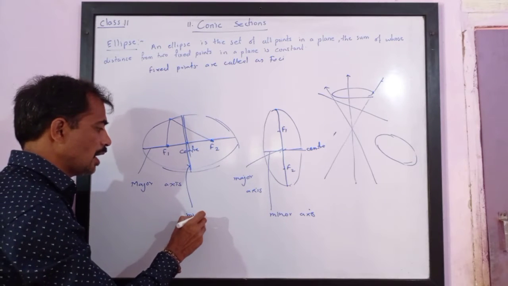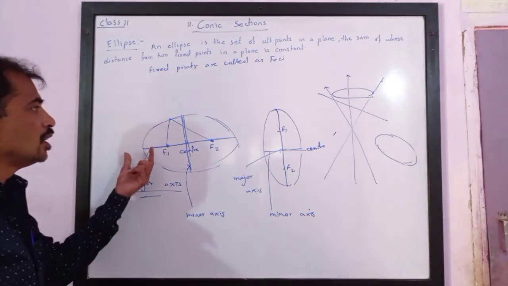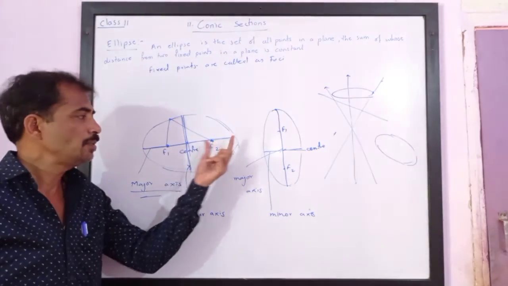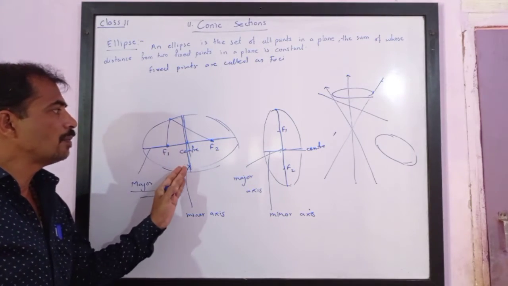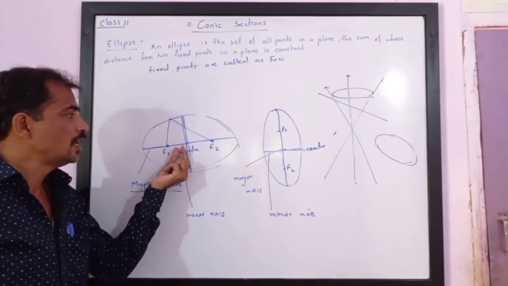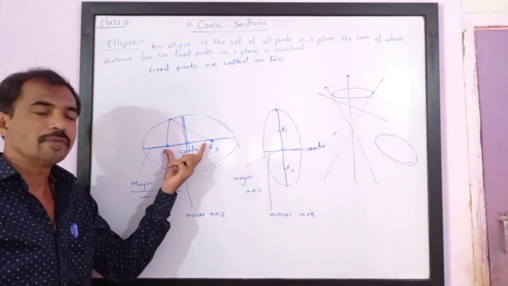The major axis is a segment joining two points on the ellipse passing through the foci. The minor axis is perpendicular to the major axis and passing through the center. The center is the midpoint of the two foci.